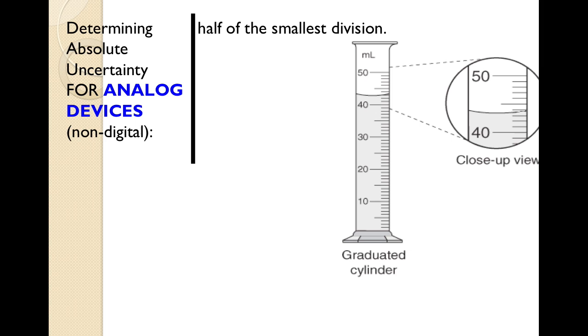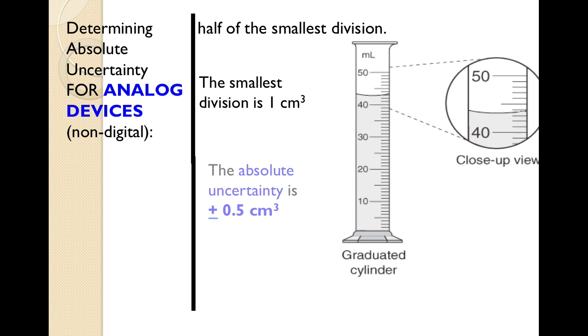So we know that the smallest division is 1 centimeter, okay? So half of that smallest division would be 0.5 of a centimeter cubed, right? Because this is volume, liquid. So plus or minus 0.5 centimeters cubed is the absolute uncertainty.